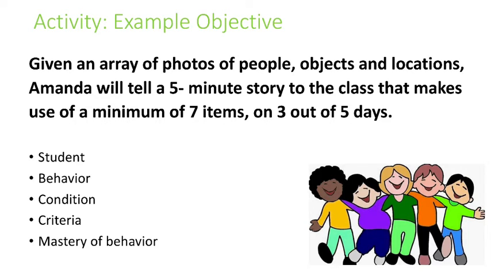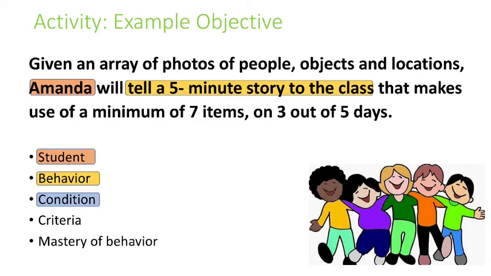My example is here. Given an array of photos of people, objects, and locations, Amanda will tell a 5-minute story to a class that makes use of a minimum of 7 items on 3 out of 5 days. I have student in orange, student Amanda, right? And then behavior in yellow goes here: tell a 5-minute story to a class.